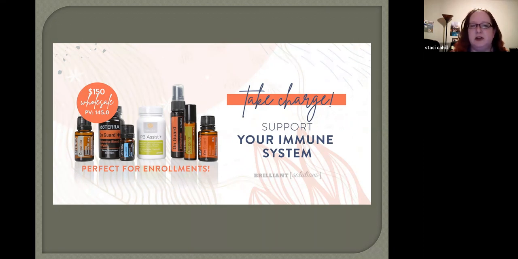It also includes the Breathe oil, the Copaiba oil, which we mentioned, and Oregano Touch. Oregano is a super fighter. It's like that soldier going into battle for your immune system. And of course, probiotics. Got to keep your body strong and healthy. So this immune support system is what I would recommend for anybody looking to start with an enrollment tonight and then add on those essential oils that we've talked about for respiratory support.